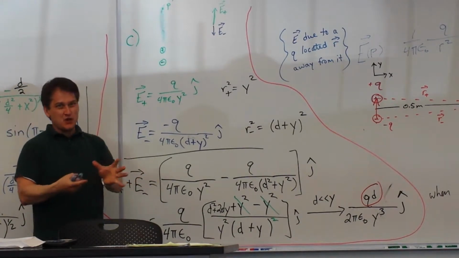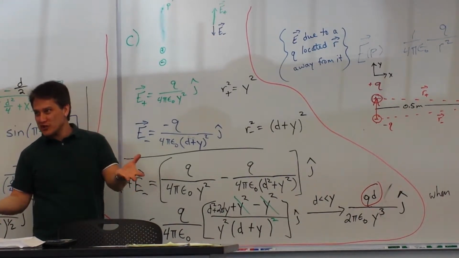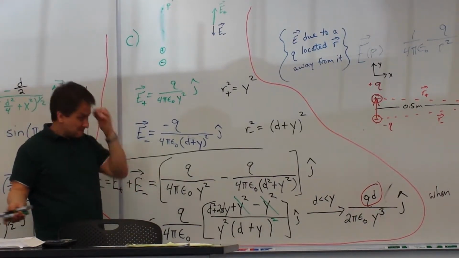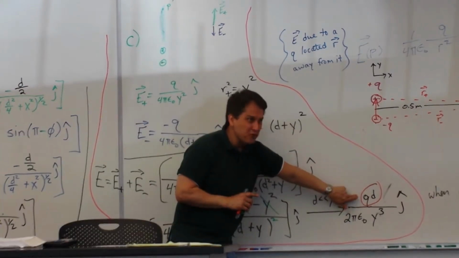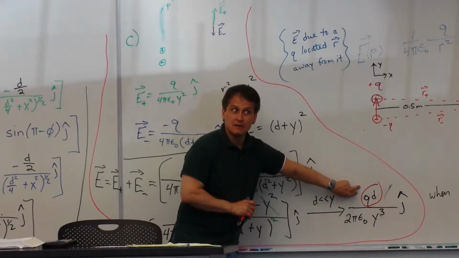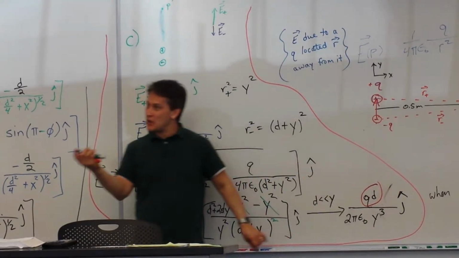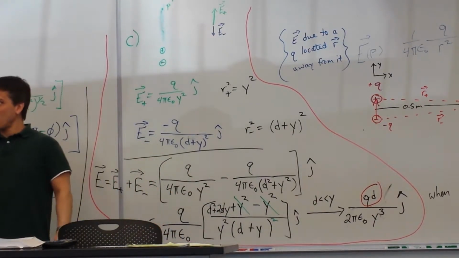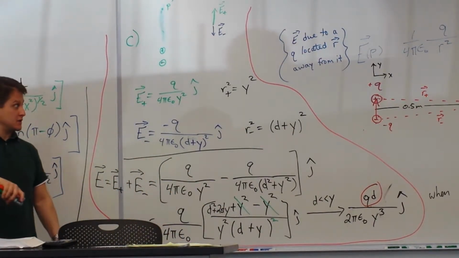Otherwise, there's no reason to treat it as a dipole anyway. It's just two charges next to each other. They are both related to this QD quantity. So it's the common variable for both problems, or for both solutions.